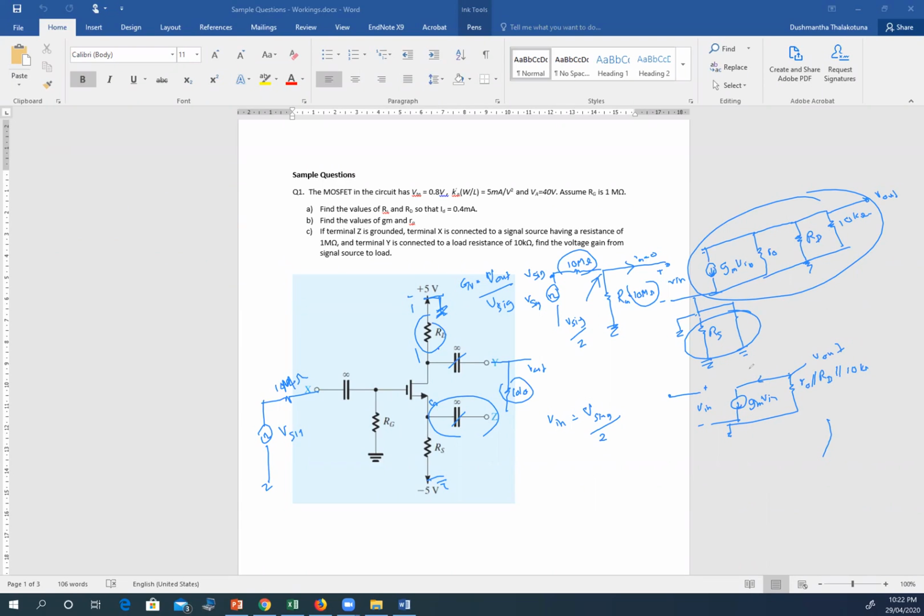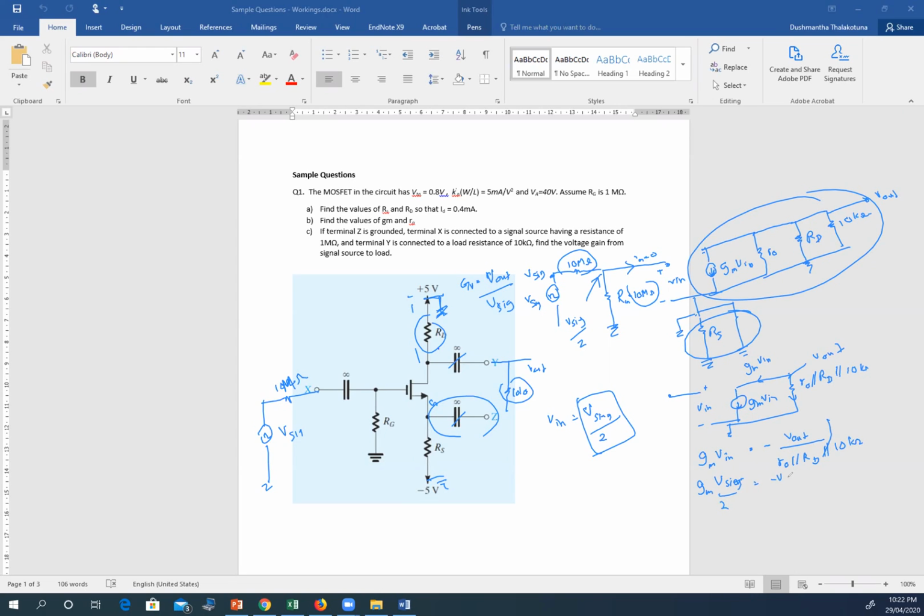So the current that goes in here is g_m V in. That current is equal and opposite to the current that goes through here. So we can write g_m V in equals minus V out over R_O parallel R_D parallel 10 kilo ohms. Now V in is V signal divided by 2.